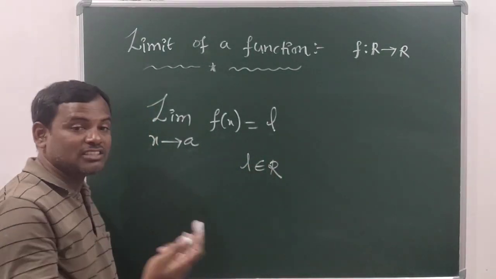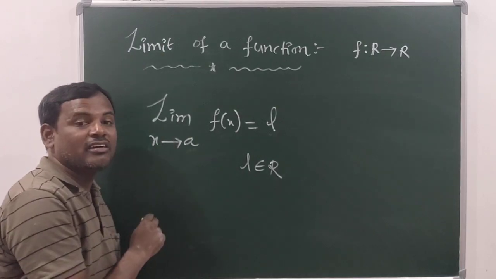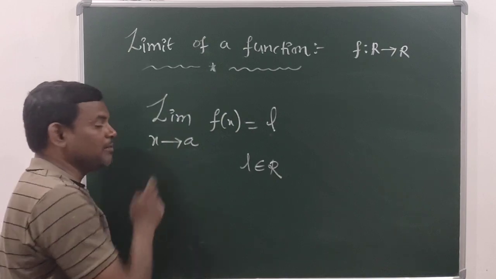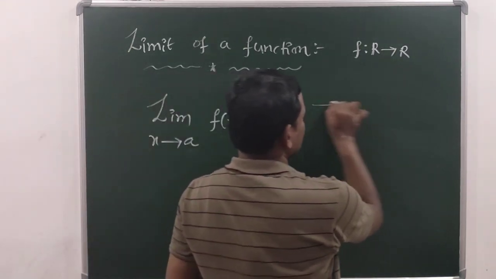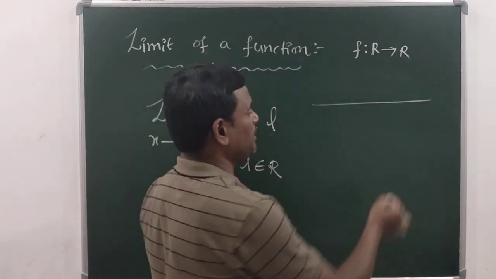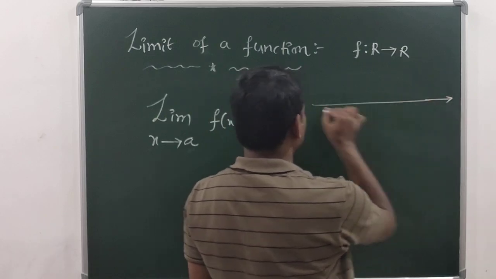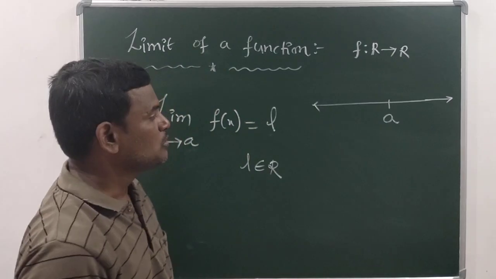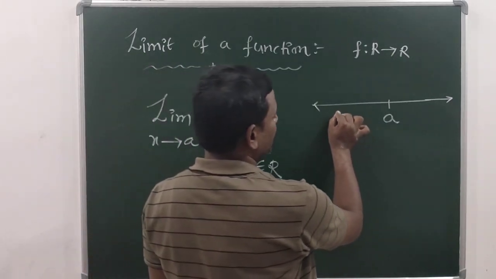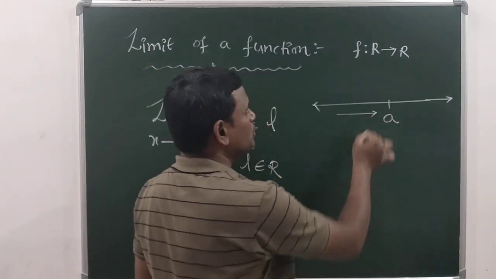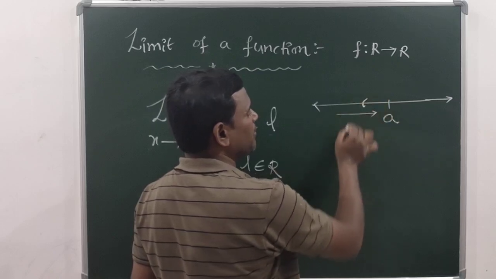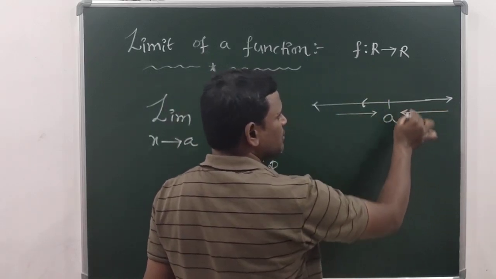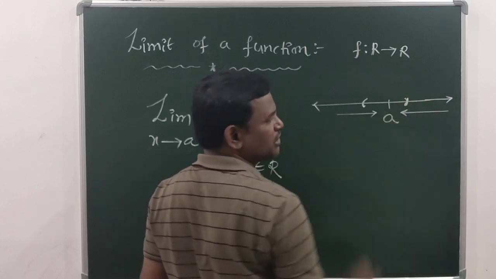You may ask me, sir, what kind of x values it may take? See here, same as the previous example. This is a number line. So here, take small a. Suppose x is approaching a from the left side, this may be our x. And if x is approaching from the right side, it may be x equal to this much.